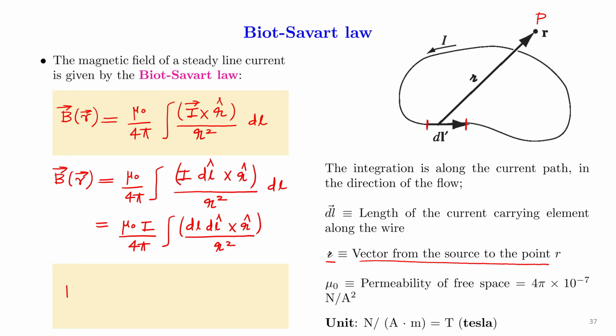Therefore the Biot-Savart law can also be written as B at r equal to mu 0 over 4 pi I, integral dl cross r divided by r square. So this law can also be written in this form.